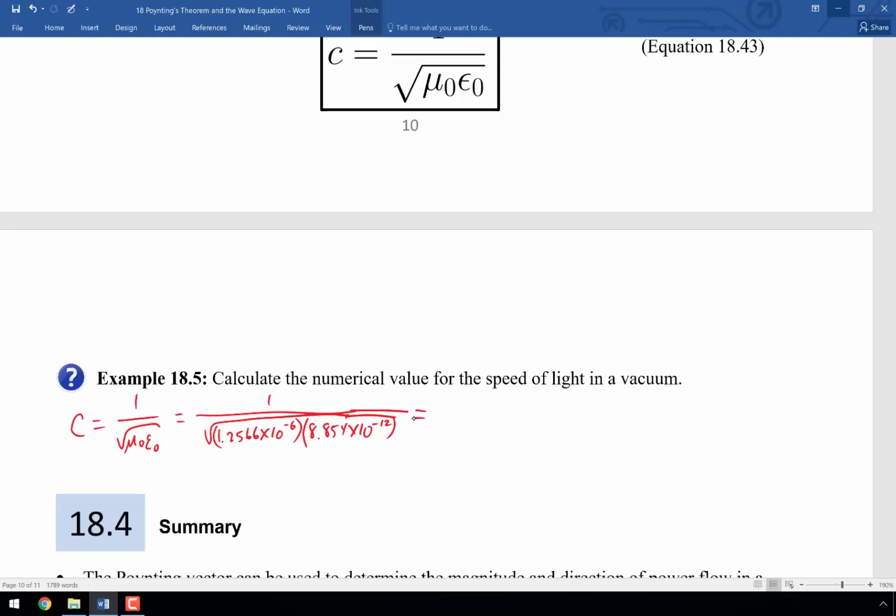And if you plug those numbers into your calculator, you get 2.998 times 10 to the 8th meters per second. And for our purposes, I think you'll probably accept that that's close enough to 3 times 10 to the 8th. So the speed of light was hiding in Maxwell's equations all along. We just needed to convert it into the wave equation to be able to pull that out.